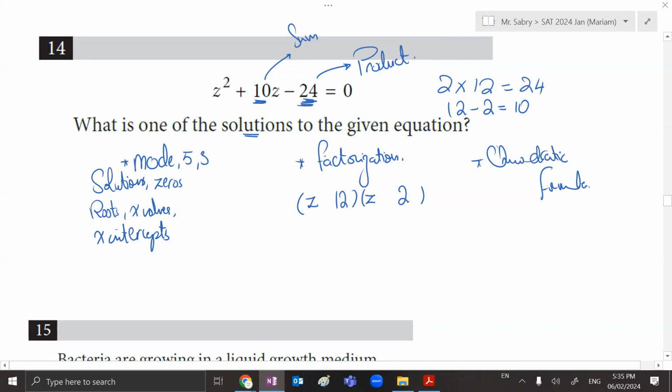Now, when it comes to the signs, listen to this one carefully: the bigger number out of these two gets the first sign here. Because this is positive, this went for the bigger number here, positive. But because this one is negative, it means that these two signs are different from each other. So the other bracket must have a sign that is what?